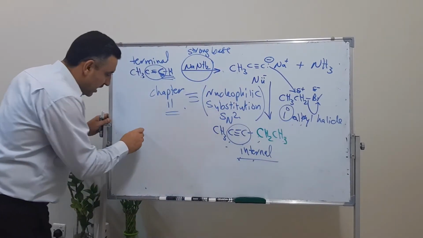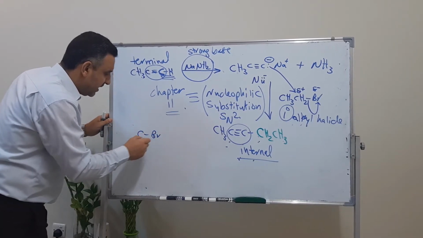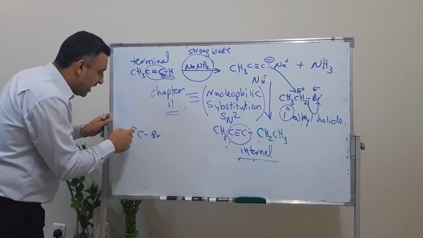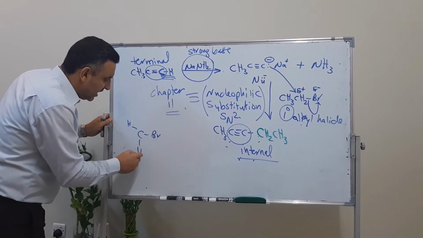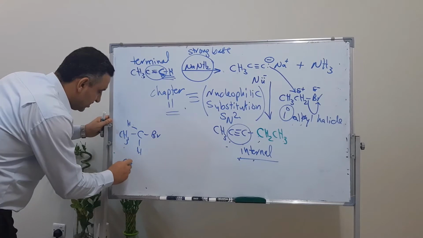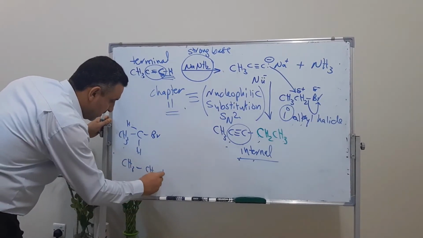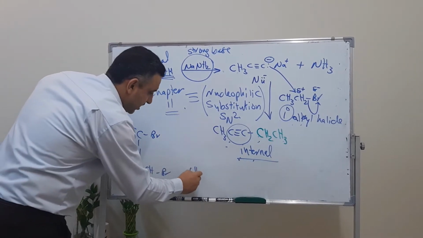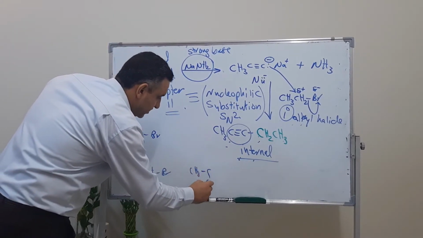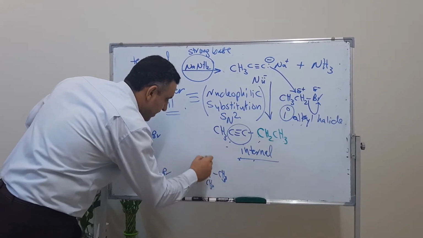When the halogen is attached to a carbon, it can be classified as primary, secondary, or tertiary. For example, here CH3, CH2, Br, CH3, CH, CH3, Br, and CH3, C, CH3, CH3, Br.